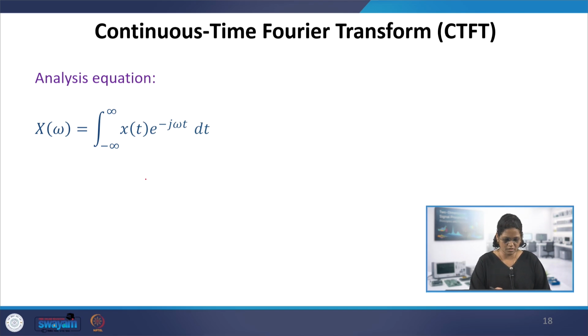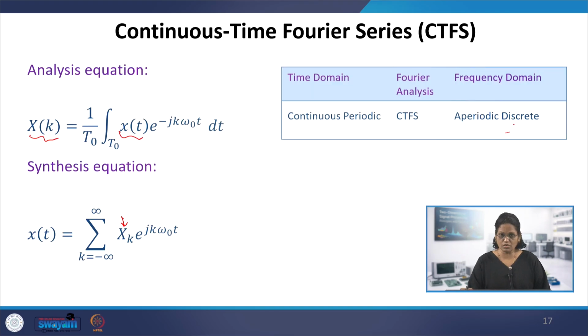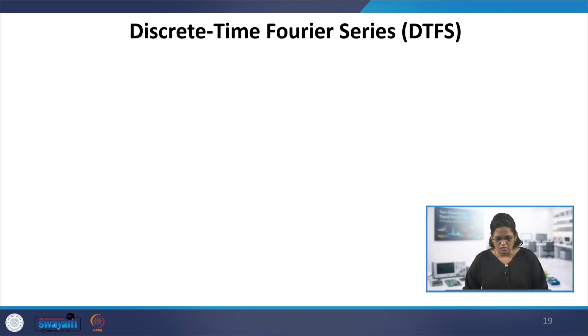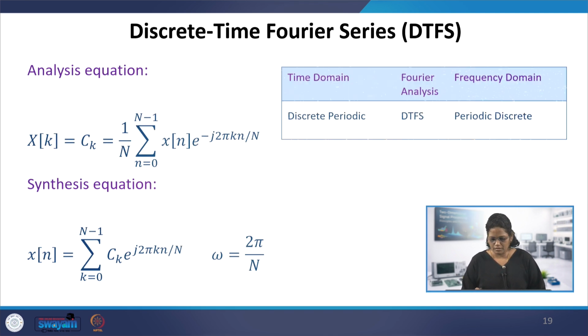Whereas in the discrete case, the result is discrete, so you have to sum it up, not integrate. In the case of the DTFS, discrete time Fourier series, the signal is discrete and periodic, the pattern is repeating, and the spectrum would be periodic and discrete in the same fashion after applying the DTFS. What information it gives, we will see through the examples.